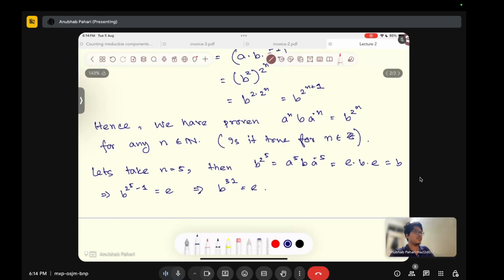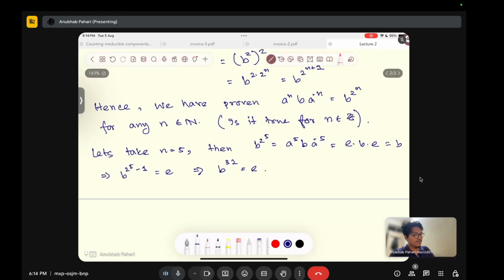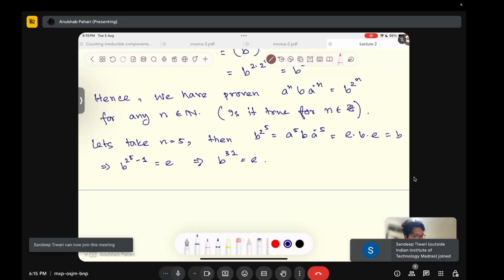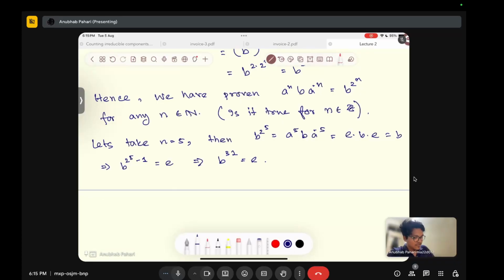Now, I don't know if you have proven this or not, I just put it as a small remark: if b to the power m equals to e for some positive m, so I just write it in natural numbers, then order of b divides m.